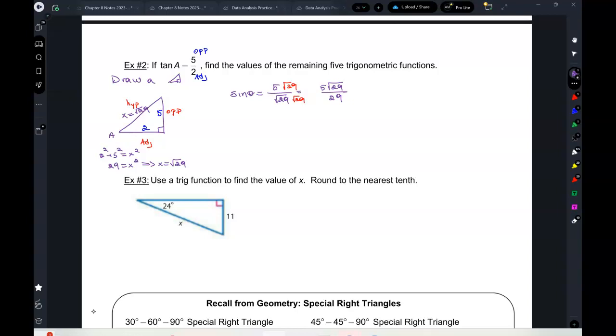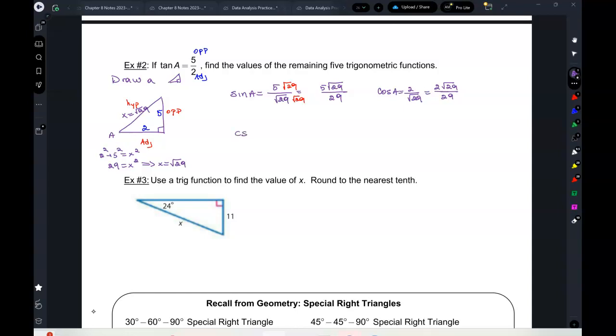All right, cosine of A. Oh, no, these are all A's, not thetas. Cosine of A is 2 over root 29, which is 2 root 29 over 29. Tangent was already given, so I don't need to write that.